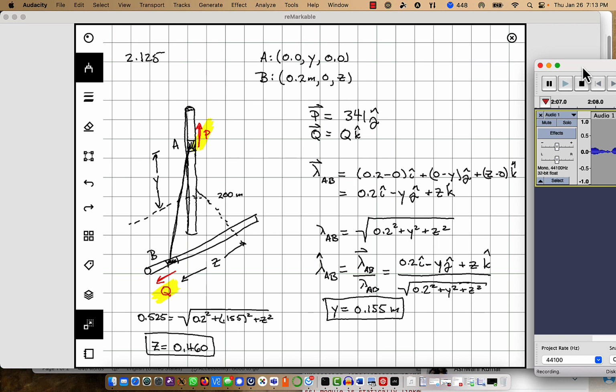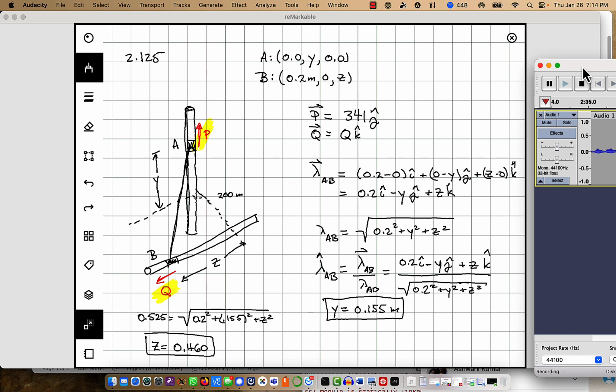Okay, so notice the y here and the z here show up, and they show up in these expressions here and here. Okay, so the forces that we are applying are P, which is known, 341J, and force Q is Q in the K direction, and that's down here.